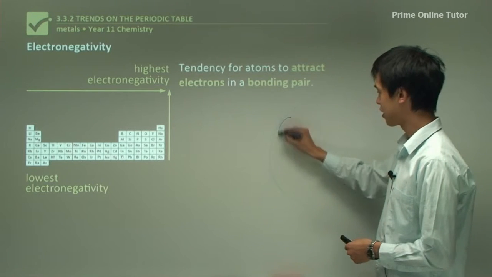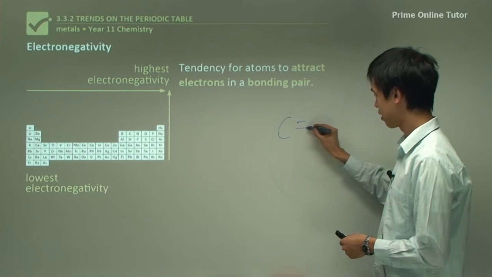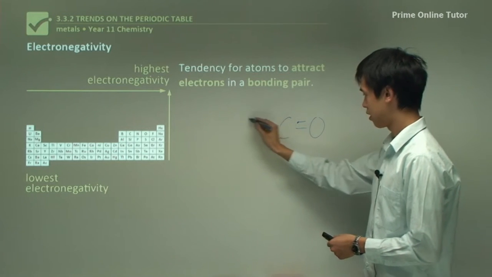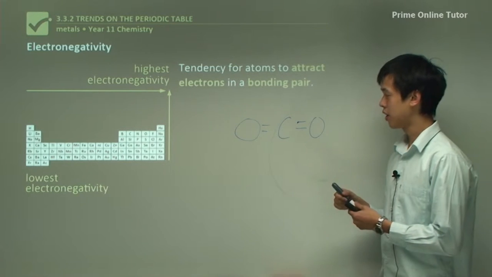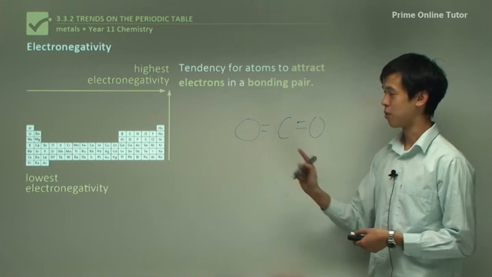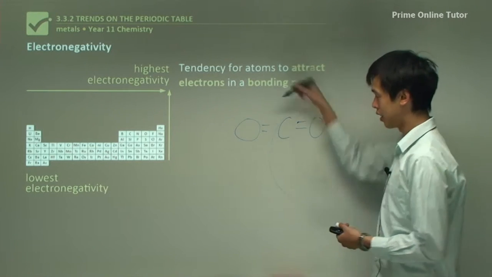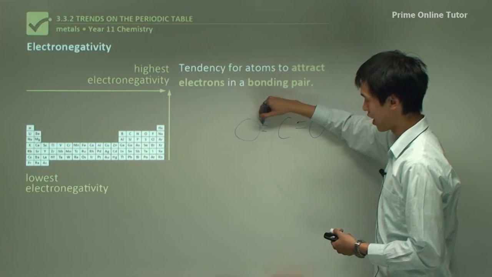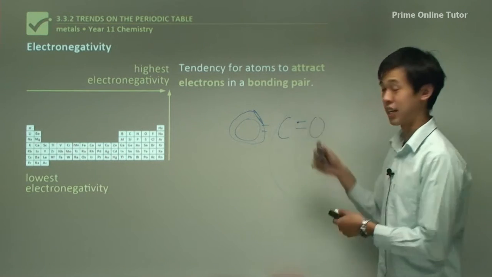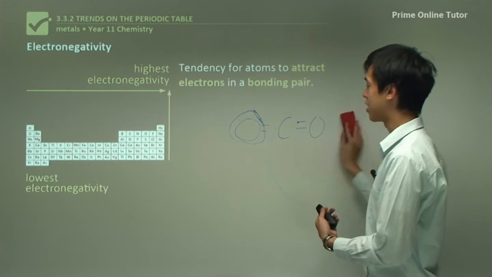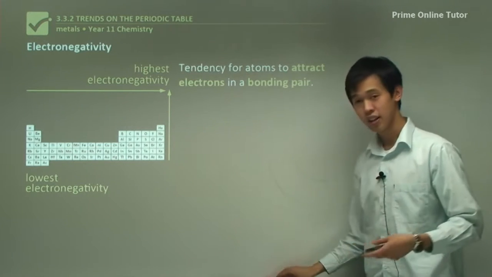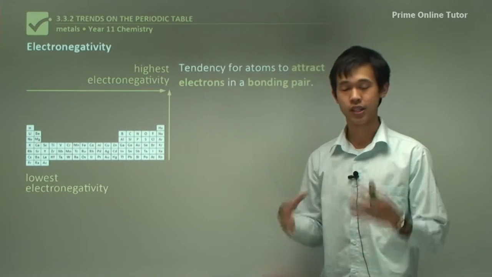So if we had, for instance, carbon dioxide, which looks like this, what you'll notice is that because oxygen is more electronegative than carbon, the electrons will tend to hover around here rather than be near the carbon. Okay? And that's all that means. The electrons will tend to go towards the atom that is more electronegative when it's in a bond.